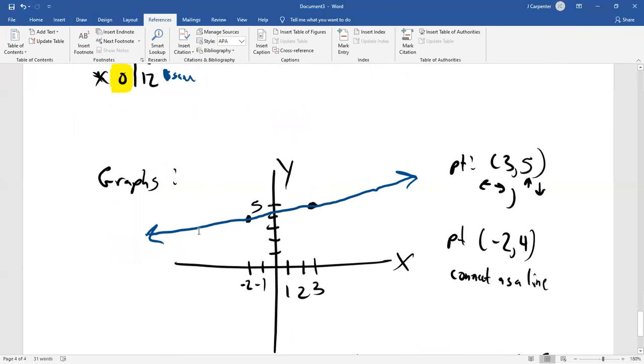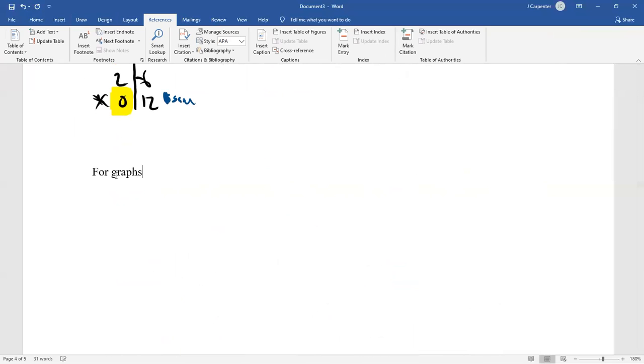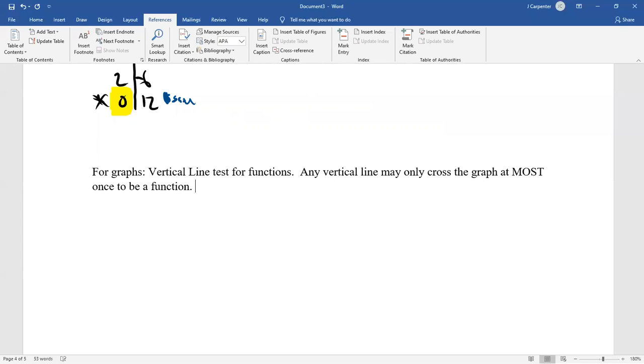For graphs, we have the vertical line test. Any vertical line may only cross the graph at most once to be a function. Again, I know I'm going quick because this is review material.